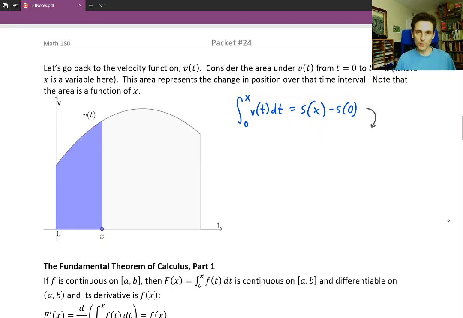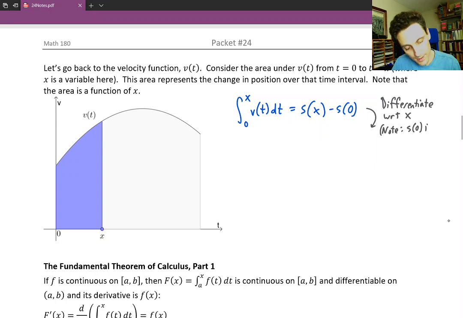Now what we're going to do is play around with this just a little bit. We're going to differentiate both sides with respect to x. WRT means with respect to x. Note that s of 0 is a constant. So when we differentiate s of 0, we're just going to get 0.